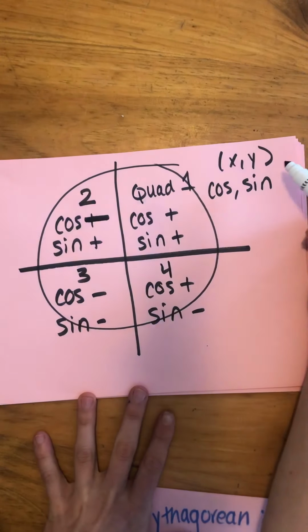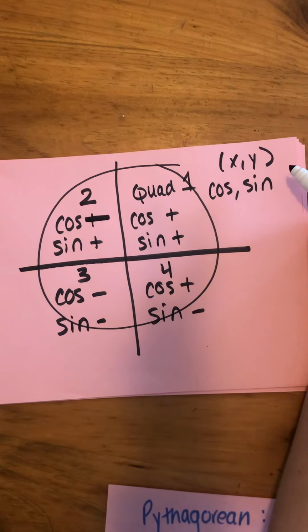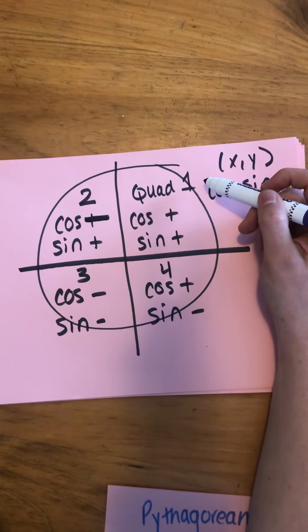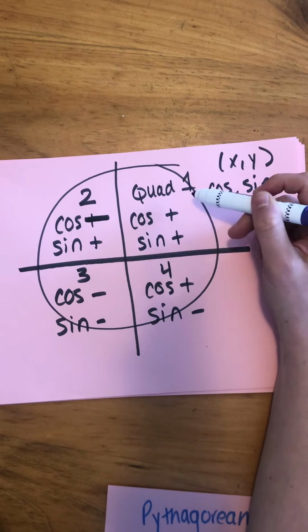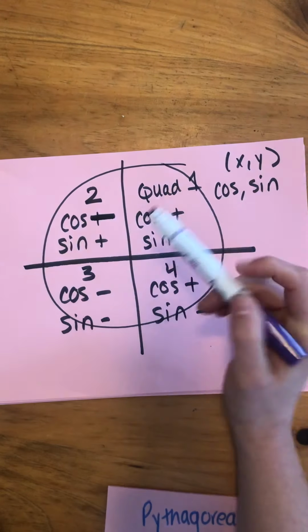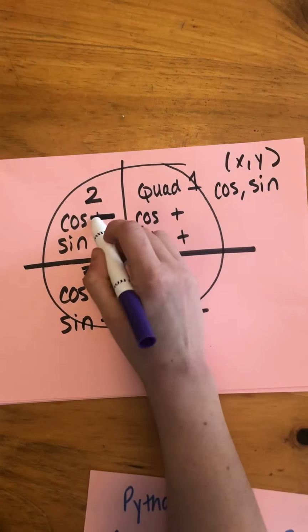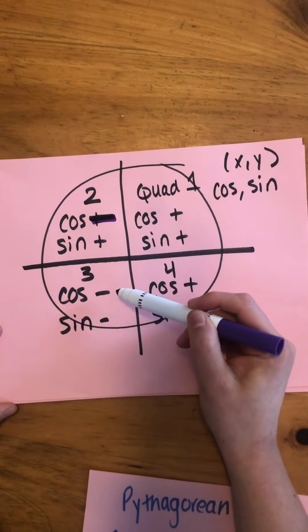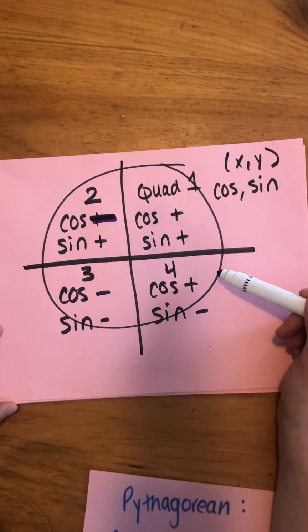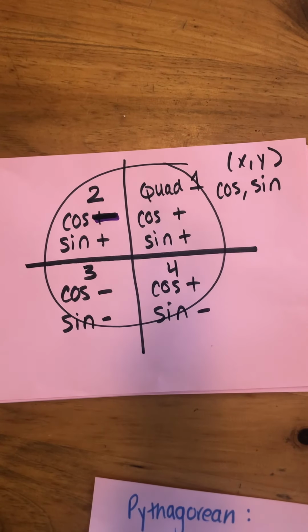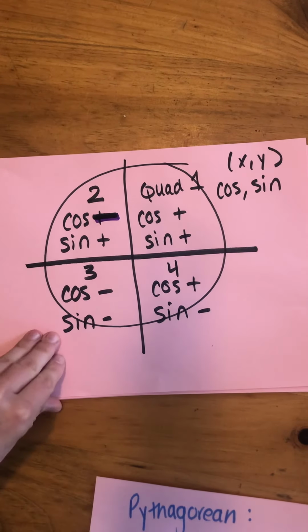So just remember the unit circle is x comma y, which is cosine, sine. In quadrant 1, cosine is positive, sine is positive. In quadrant 2, cosine is negative, sine is positive. In quadrant 3, cosine is negative, sine is negative. And in quadrant 4, cosine is positive and sine is negative. So depending on where you are, you're going to use those positives and negatives.